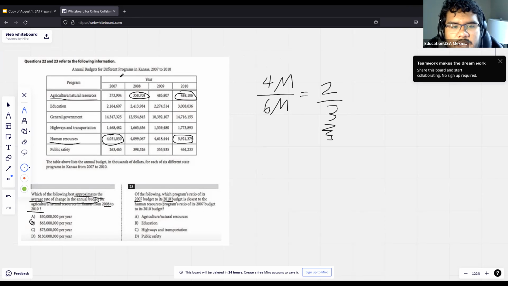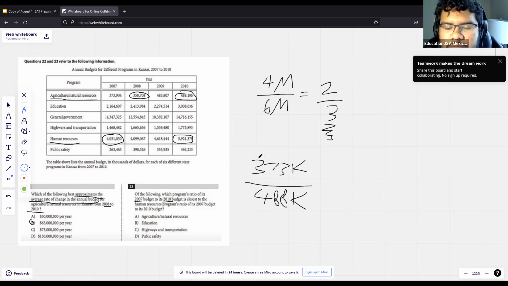So what we have here is 373,000 over 488,000. If we want, we can focus on the biggest number here and round it up, so we can treat this as 400,000 over the number below.